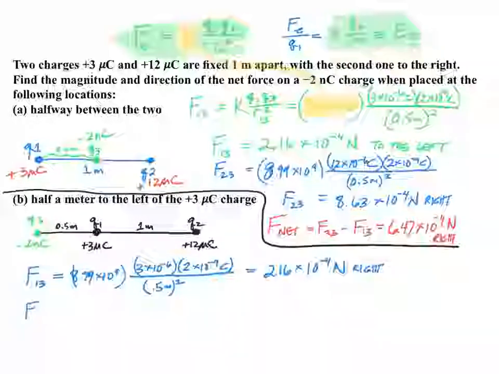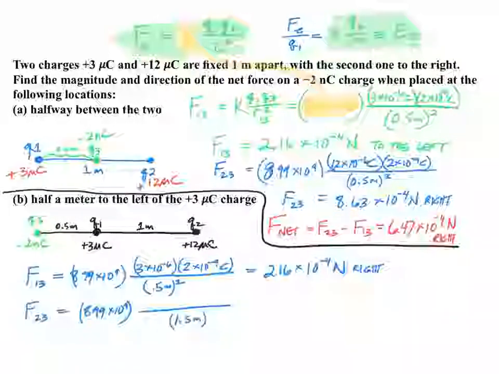And then the force of 2 on 3, same constant, the Coulomb constant doesn't change. This is the one that has the 1.5 meters in it. And we're going to have the charge 2 is 12 times 10 to the minus 6 coulombs, and then charge 3 again.